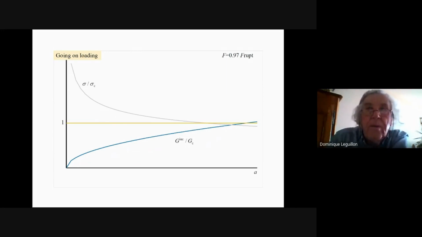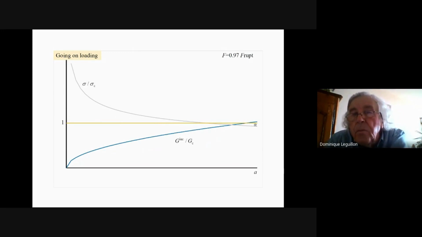Remember, there are some parts where it's the stress and some parts where it's the energy. And what they did in their paper of the 90s is that they were in the situation where it was energy governed, okay?